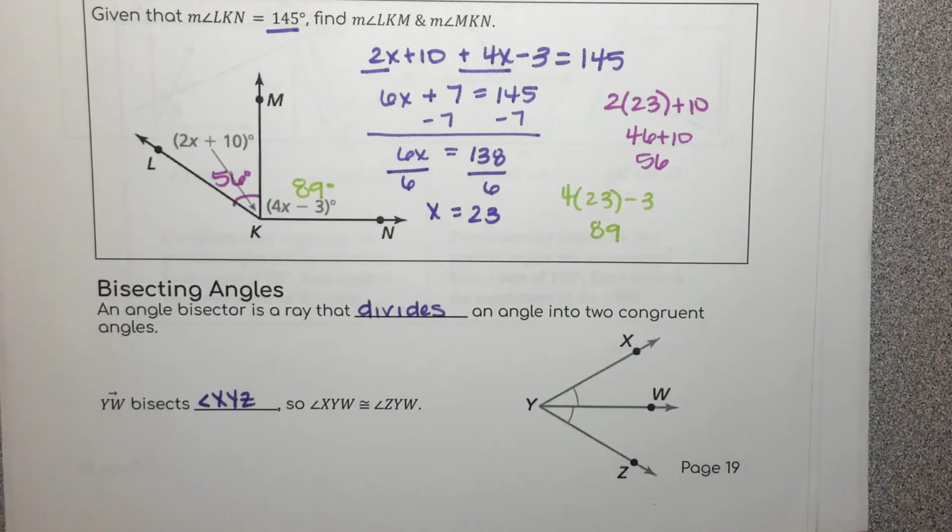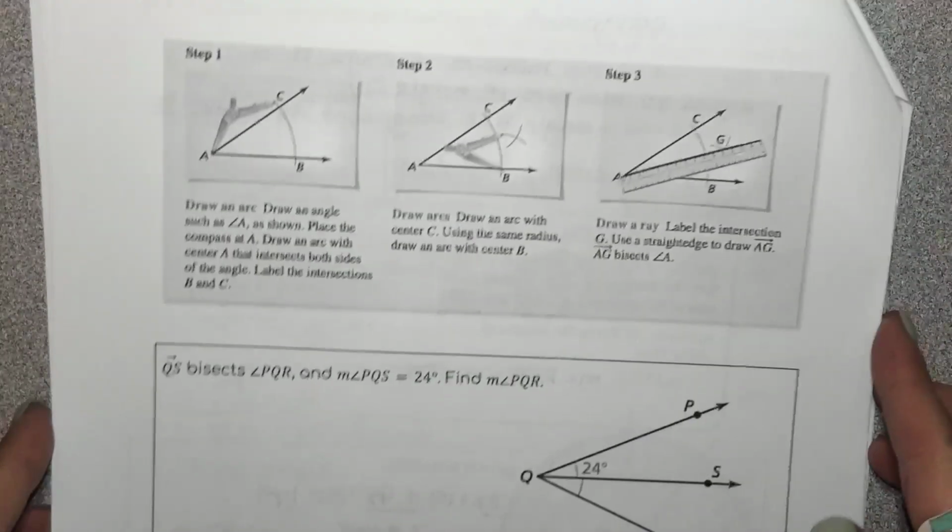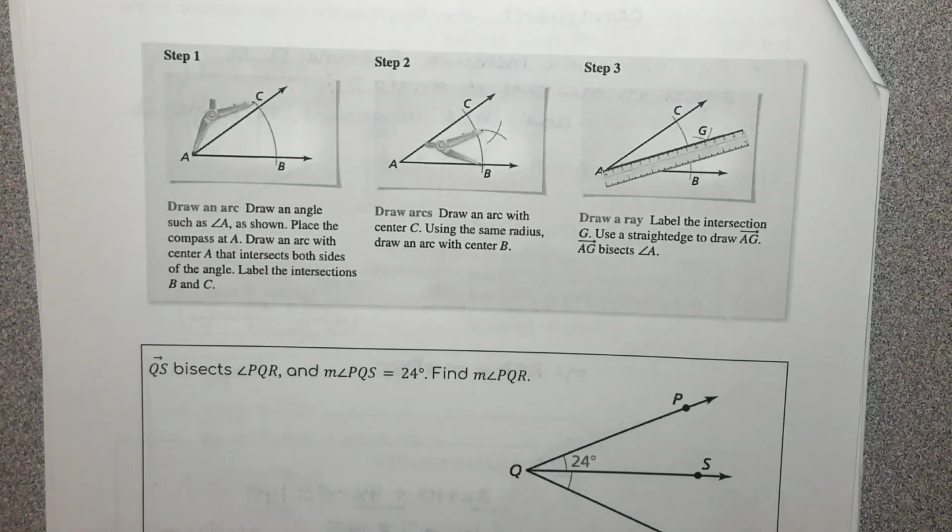Alright, so on the last page is the instructions for doing an angle bisector with a compass and a straight edge. So you can read through that. And then you're going to use the clue you have here to find the missing angle. So it says the ray QS bisects angle PQR, and the measure of angle PQS is 24.